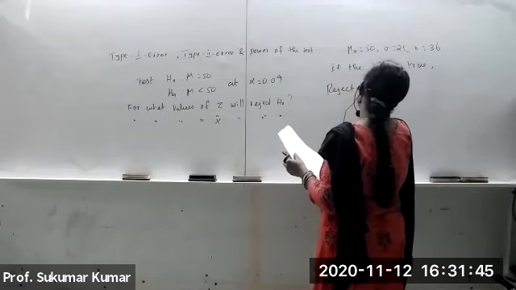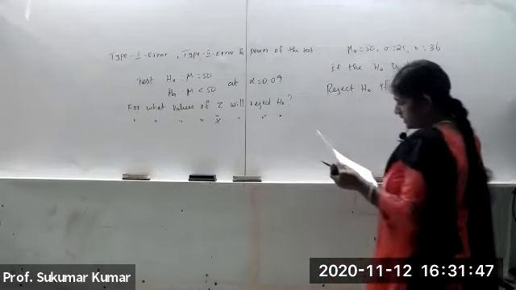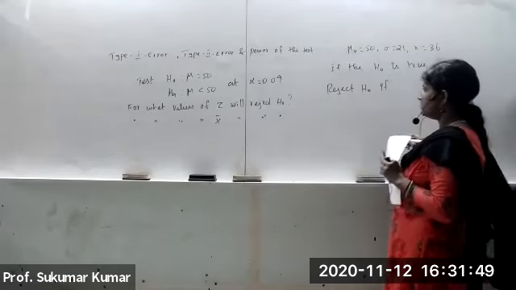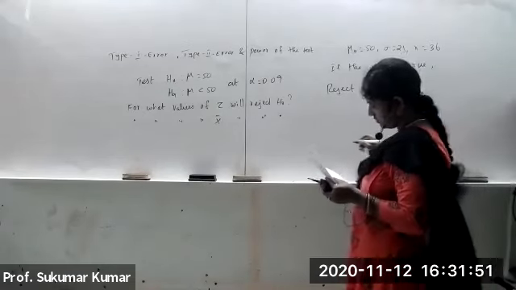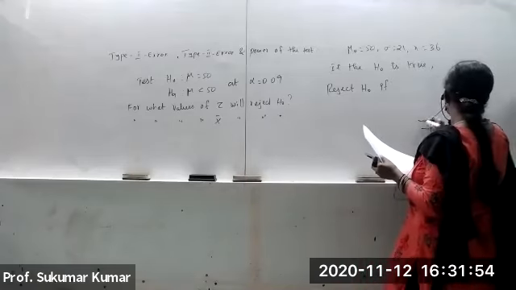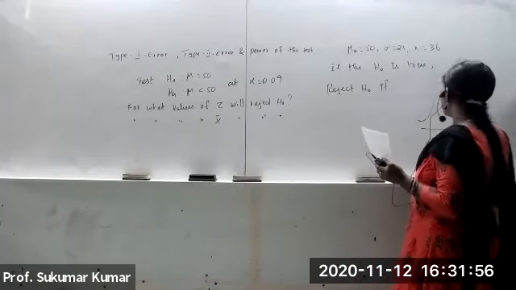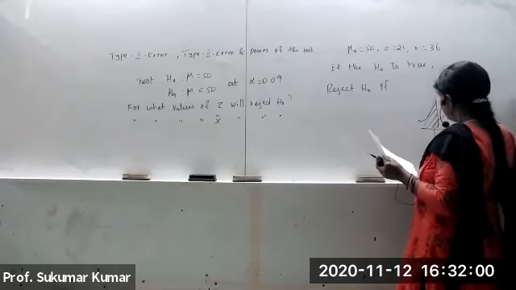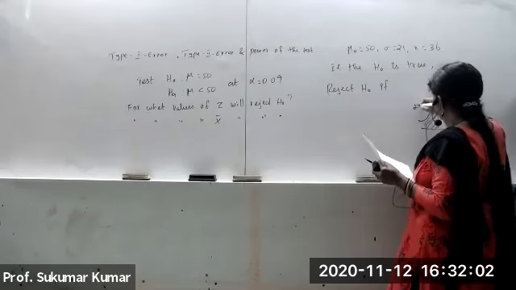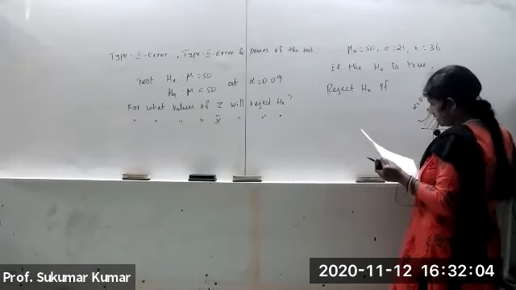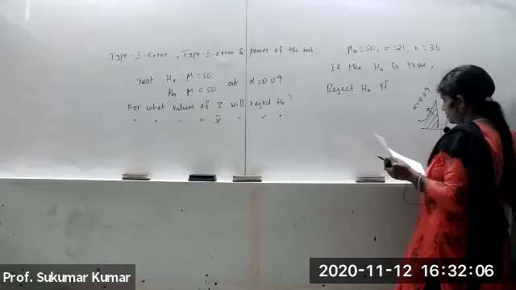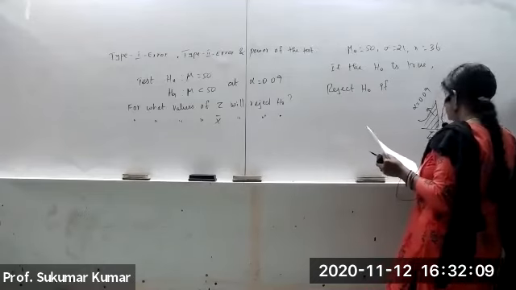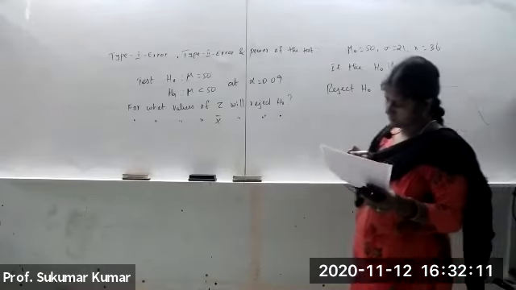Reject H naught if... mu is less than 50 means that is a left tail, and alpha value is 0.09. So what is this Z alpha value?